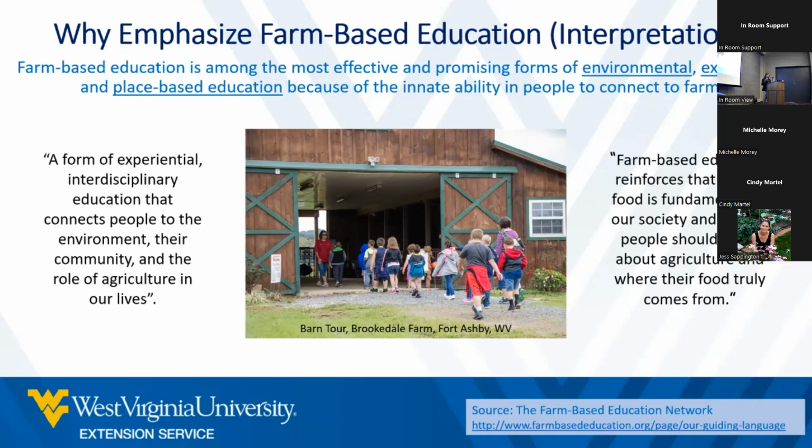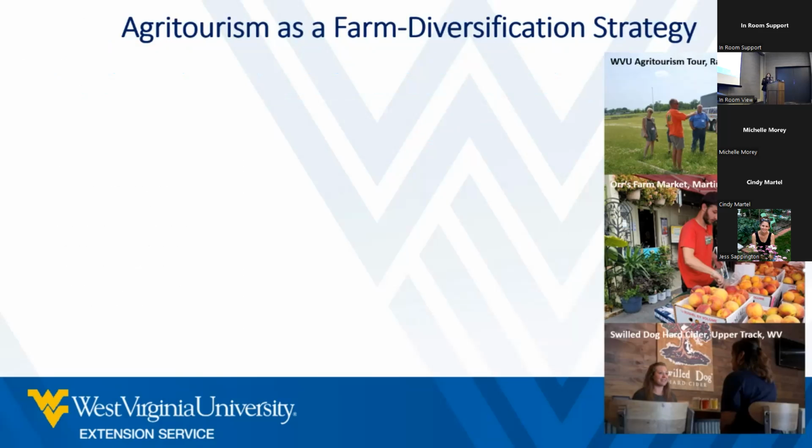We talk about agritourism as the opportunity to connect people back to agriculture, to the role of agriculture in society, and to where our food comes from, and you cannot do that without the educational piece. Regardless of how you define agritourism, you link the tourism back to the farm through education. So farm-based education is a fundamental piece of agritourism.